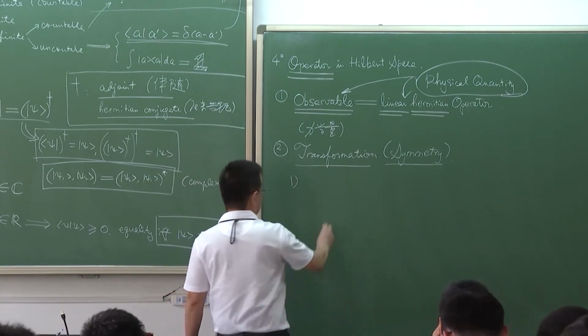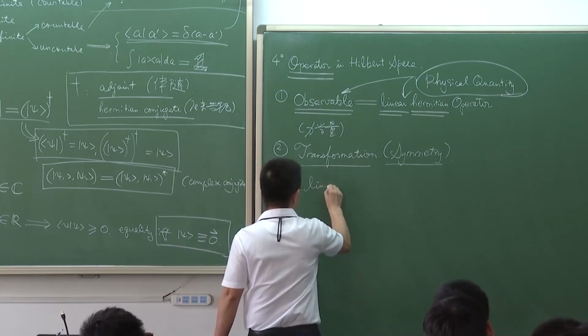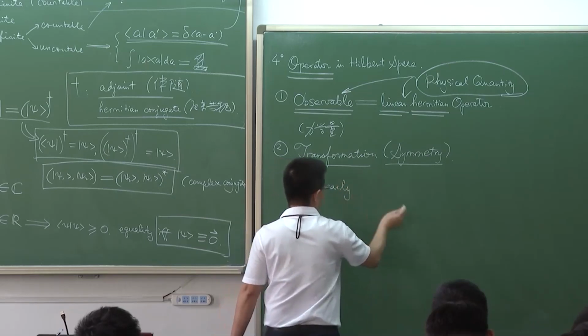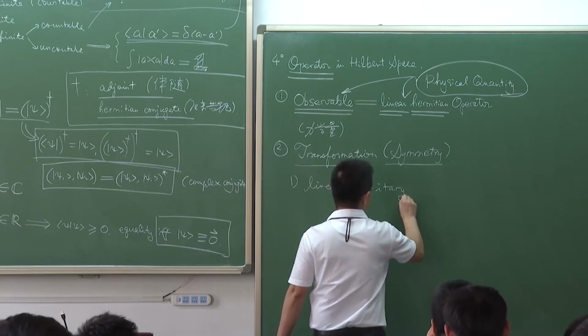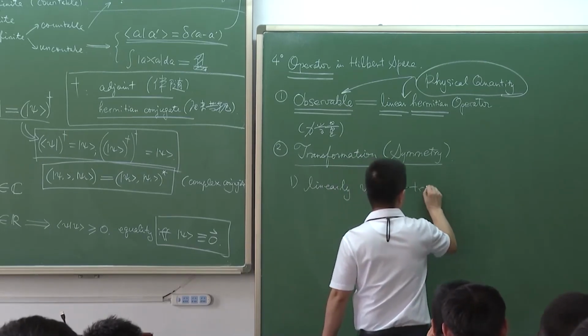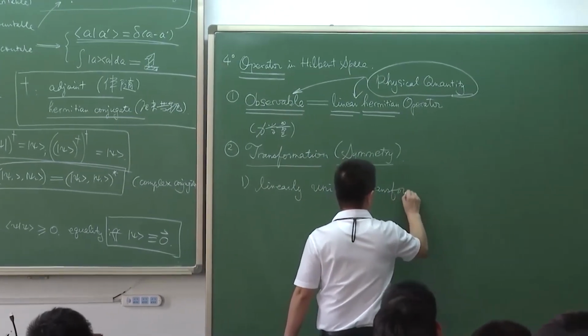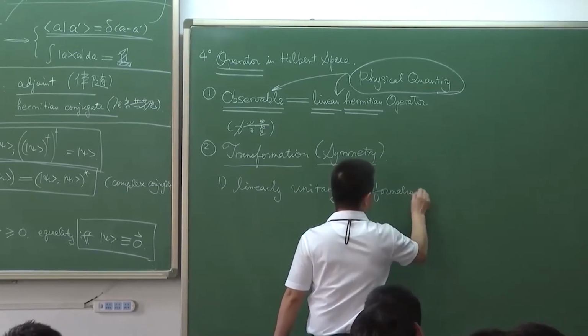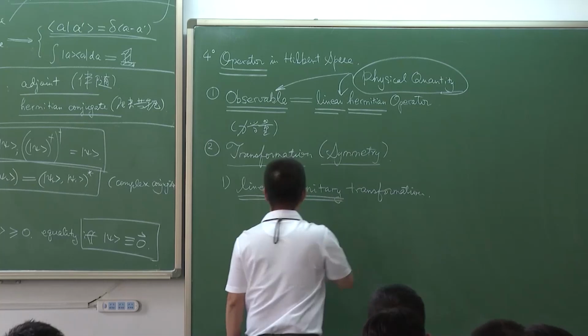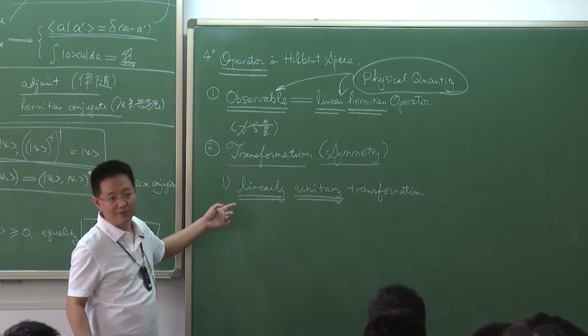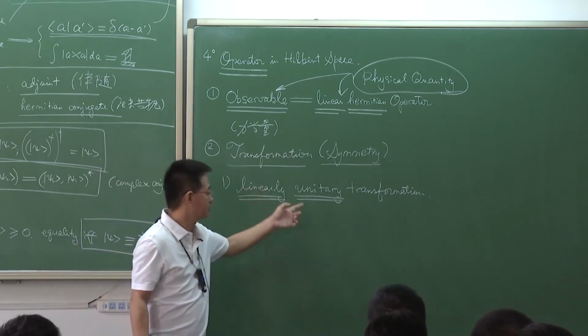One, we have the linear and unitary transformation. Two key points: it's a linear operator, and it's a unitary operator.